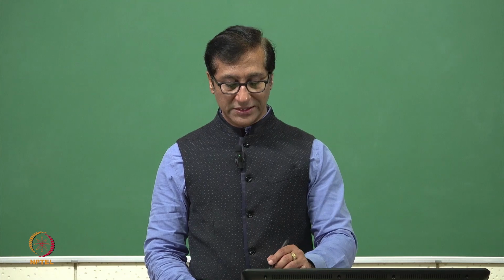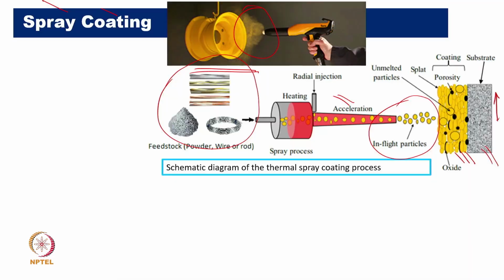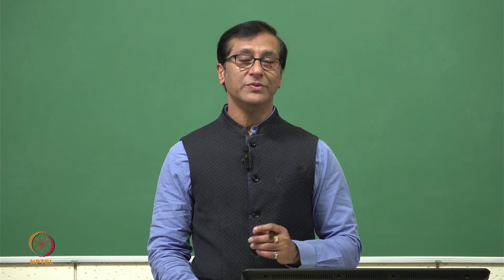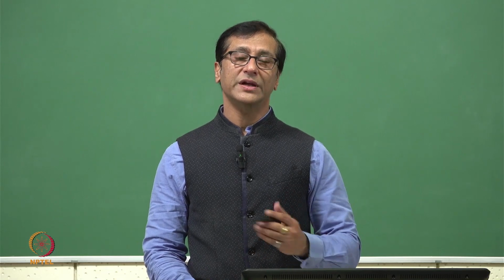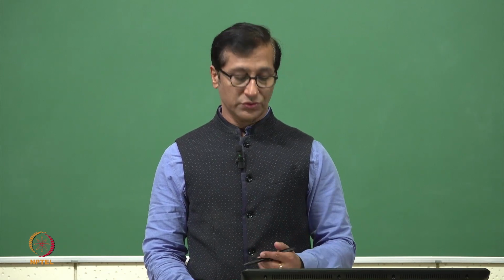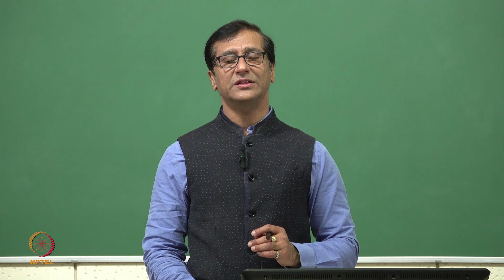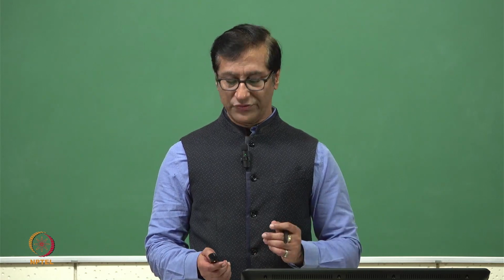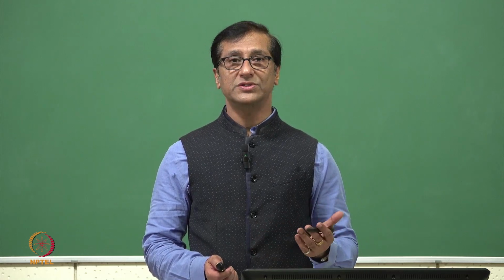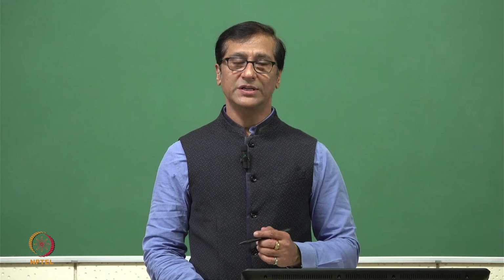This substrate can move up and down, depending on whether we are using a CNC machine or some sort of other fixture mechanism, and then we can really cover more surface also. So I can say that thermal spray coating is a very fast process. We can cover the surfaces very fast compared to PVD and CVD, but it has environmental issues.